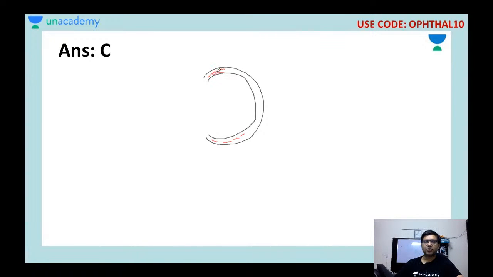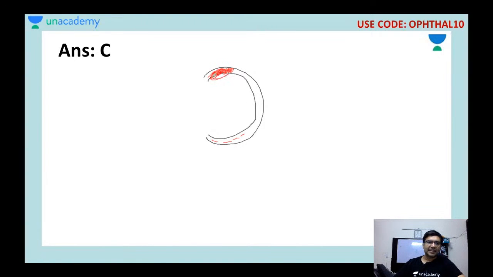a sudden decompression, so this caused a bleeding inside the suprachoroidal space. Now what is the suprachoroidal space? The suprachoroidal space means the space between the sclera and the choroid. Do you all agree?